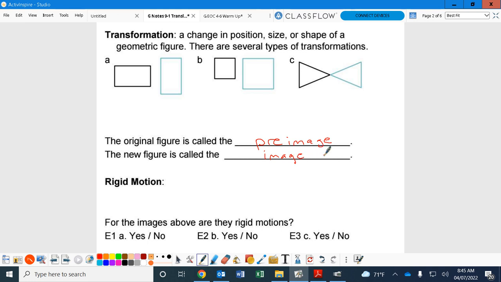Now, we are going to have 2 types of motion when we move them. We are going to have what's called a rigid motion, and a rigid motion is a move that maintains the size and shape of the pre-image.